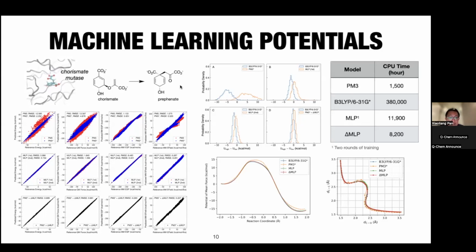This is just a 22 atom system. And the machine learning model is formally linear scaling. So you can expect when we scale up the QM size, the machine learning model can be either on par with the empirical or could be even cheaper once you have a larger size.